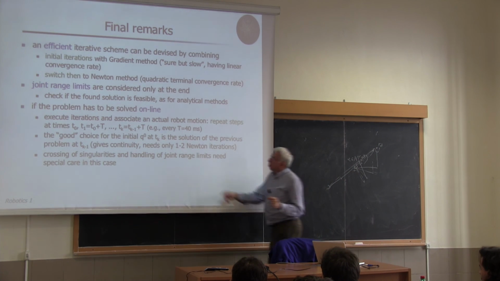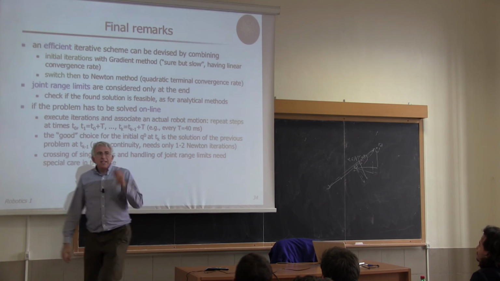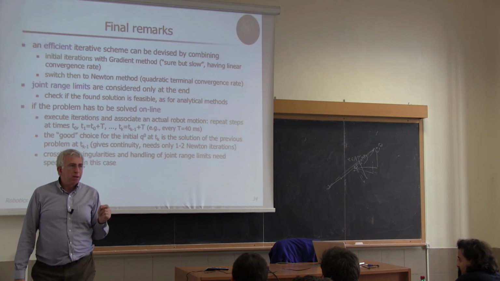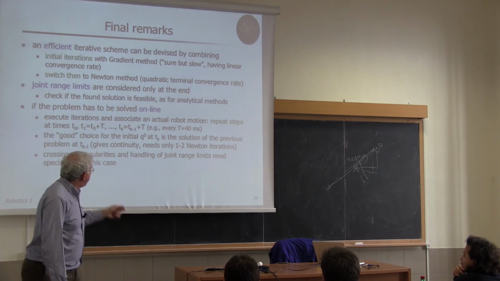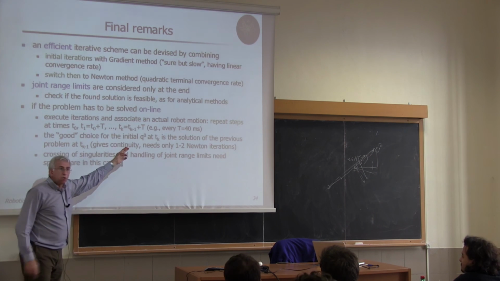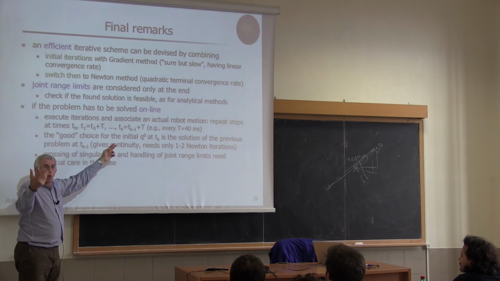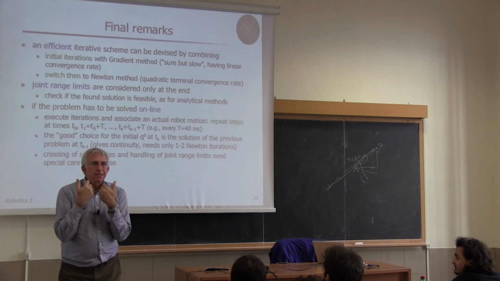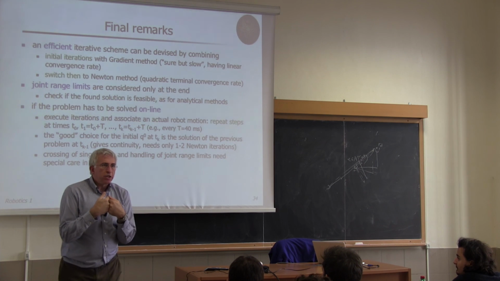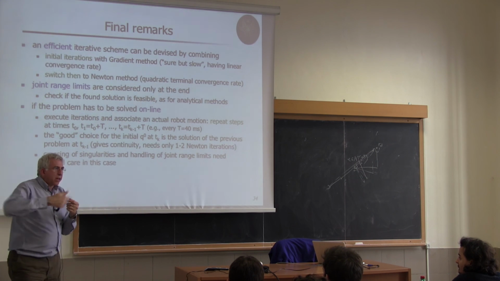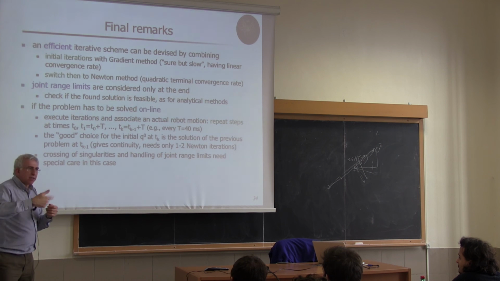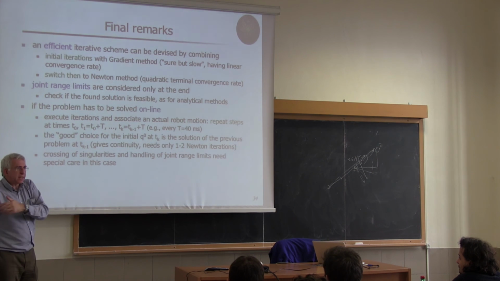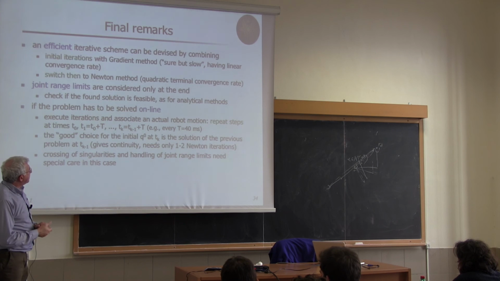Okay? So suppose that you have a sequence of inverse kinematic problems, one after the other, let's say every 40 milliseconds. You need to be in a new pose for the end effector. So you need to be very fast, do as few iterations as possible, because you cannot spend time doing this, and the robot should go to the next point, and then there's another point, and so on. Okay?